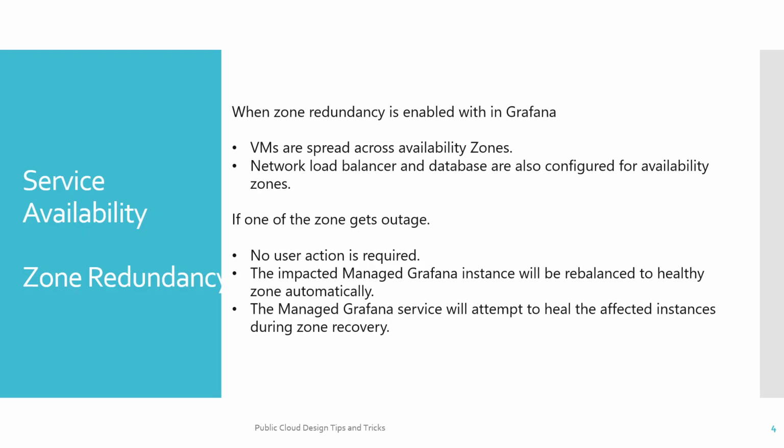Now, if one of the zones has an outage, then from a consumer perspective, no user action is required. The impacted Grafana instance will be rebalanced to a healthy zone automatically, and the managed Grafana service will attempt to heal the affected instances during zone recovery. So that is how it works behind the scenes for the zone redundancy topology.